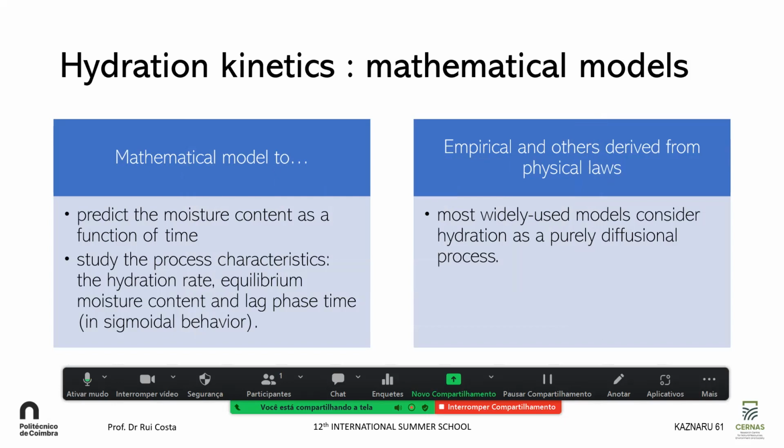The mathematical model will help me predict the moisture content as a function of time, and to study the process characteristics: the hydration rate, the equilibrium moisture content, and lag phase time.